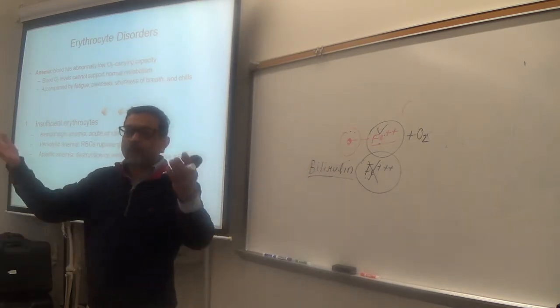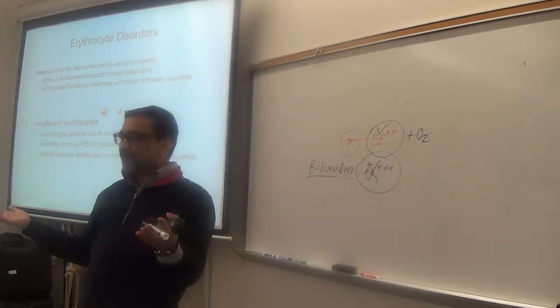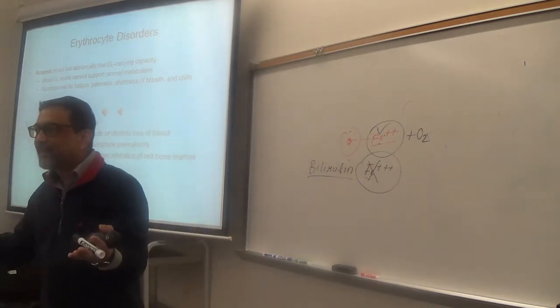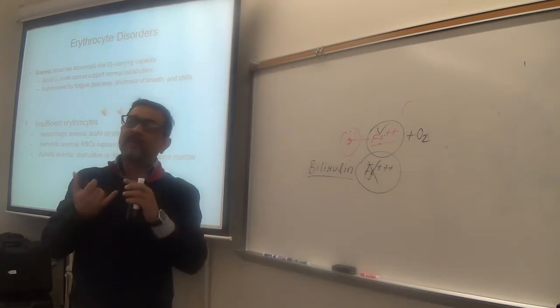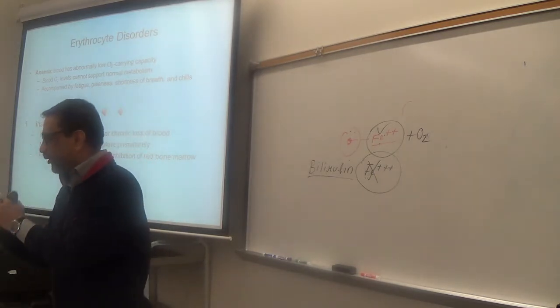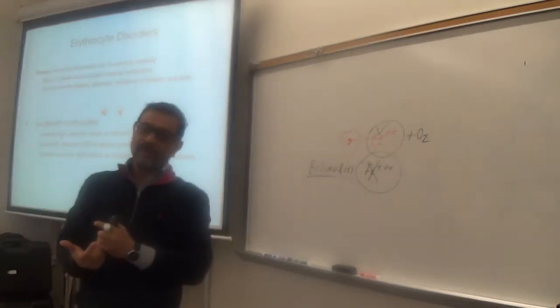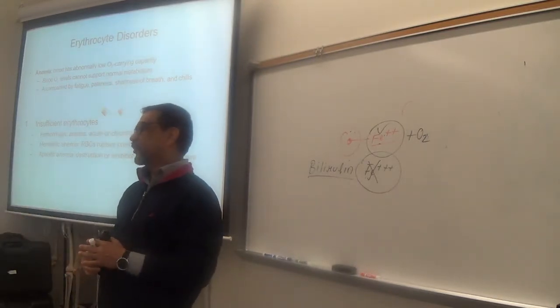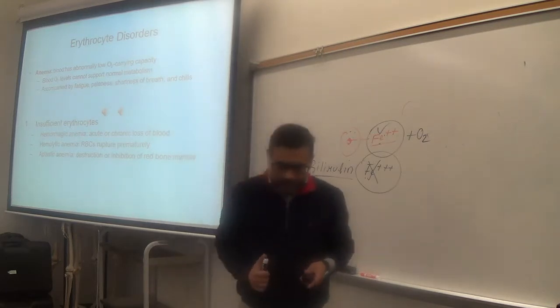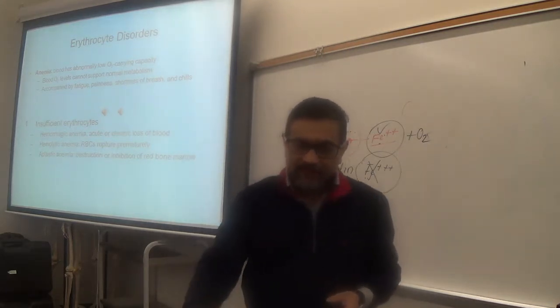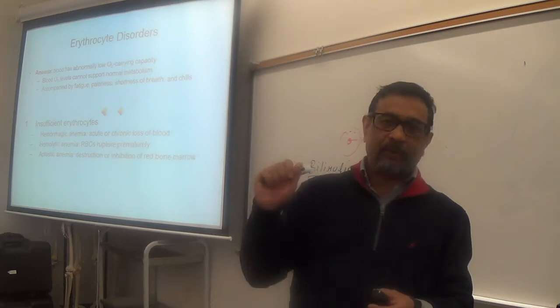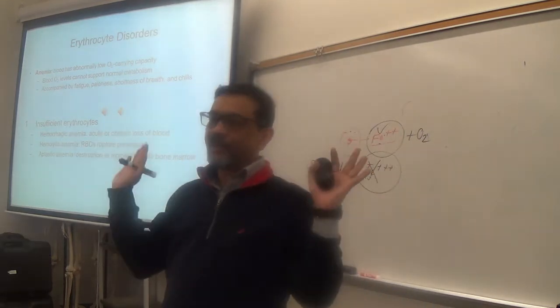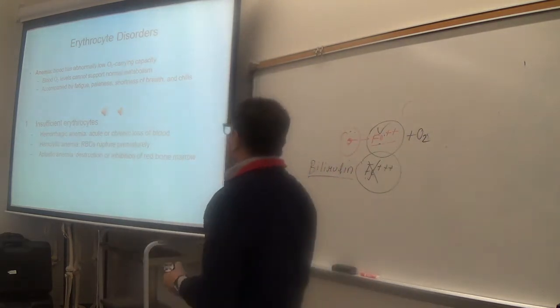So if the hemoglobin concentration is low, that will also cause anemia. So either red blood cell count or hemoglobin amount, okay, is lower, that will cause anemia. So decreased number of red blood cells, decreased amount of hemoglobin, both can cause what? Anemia. Is it clear? Okay.